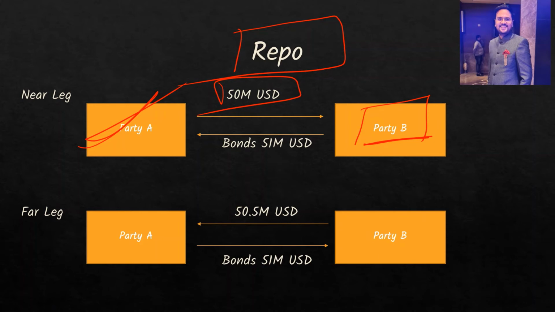So they ask Mr. B to give some more surety, collateral, something like that. So Mr. B says that I have bonds of 51 million. It brings a smile to the face of Mr. A. He says, okay, sell it to me and take the money. He says, I don't want to sell it.